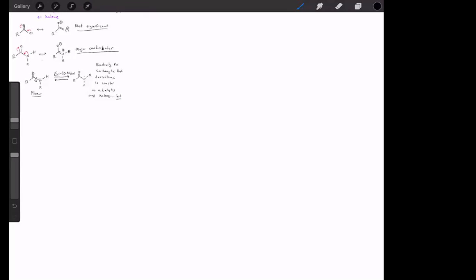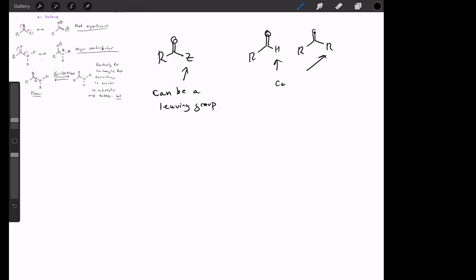But there's one additional thing going on here. For a carboxylic acid derivative, I have some sort of heteroatom here, and this heteroatom can act as a leaving group. If I compare that to an aldehyde or a ketone, I'm dealing with a hydrogen or an alkyl group, and these things cannot be leaving groups.